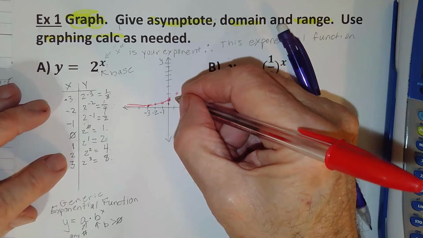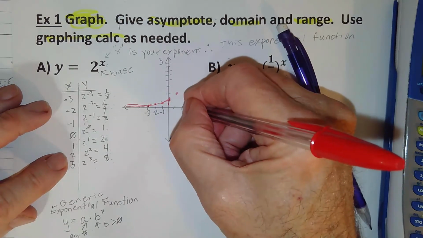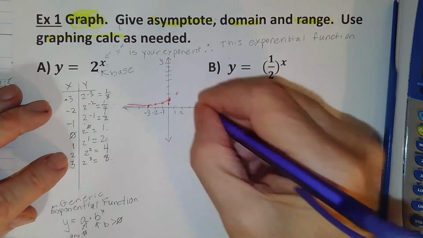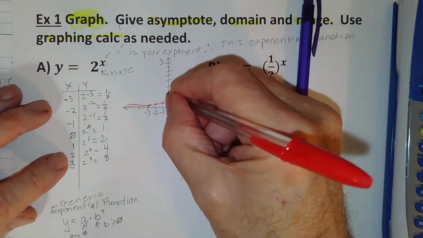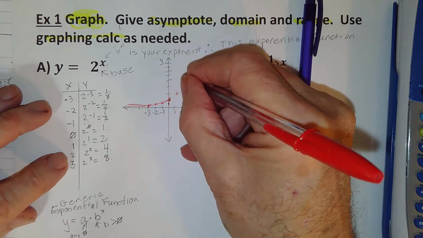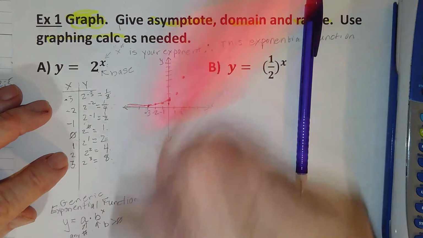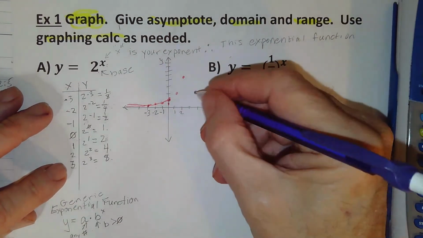And then where x is 2, y is 4. So here's 2, and this is 1, 2, 3, 4. So it's over here. And then x is 3, y is 8.